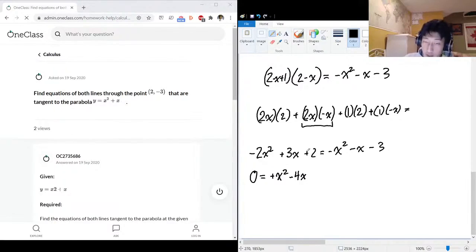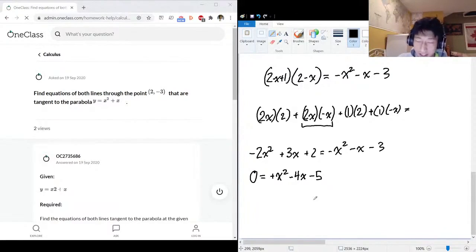And we're going to subtract 2 from both sides, negative 5. How do we figure out what x this is? It's hard to factor it because the last digit, 5, is a prime number. So we're going to need to use the quadratic formula.